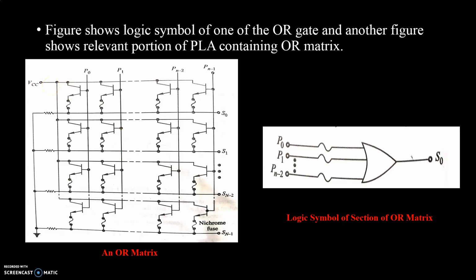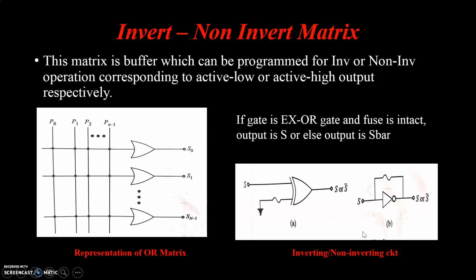Here the figure shows the logic symbol of one of the OR gates, and another figure shows the relevant portion of the PLA containing the OR matrix. This is the circuit diagram for the OR matrix. This is the logic symbol of a section of the OR matrix. Invert non-invert matrix.